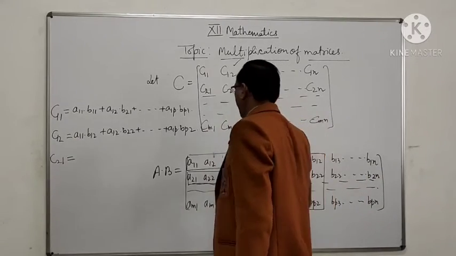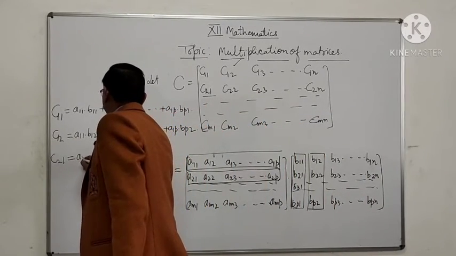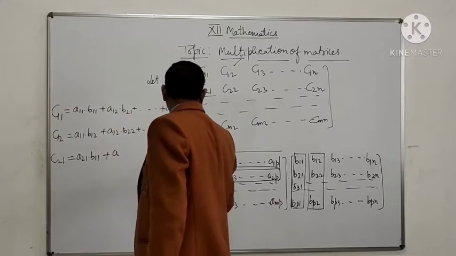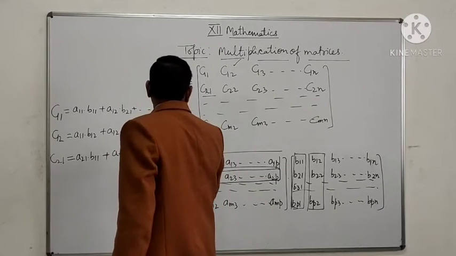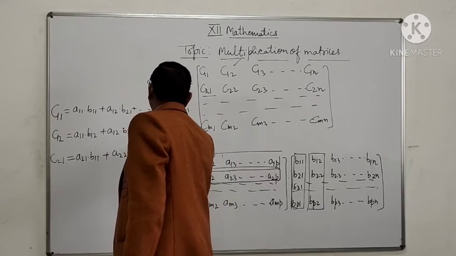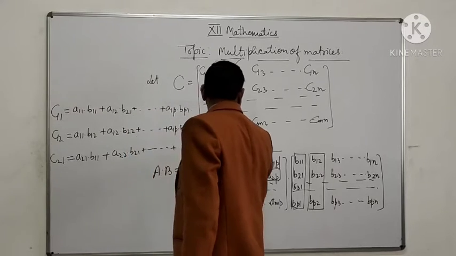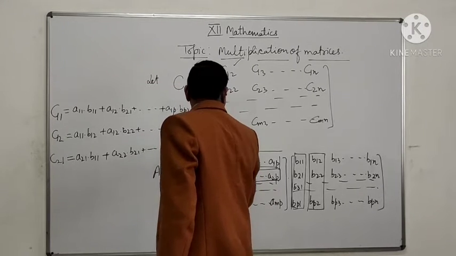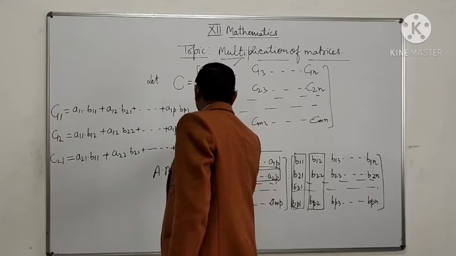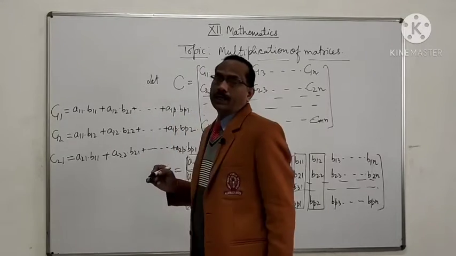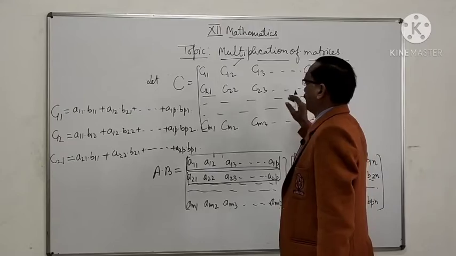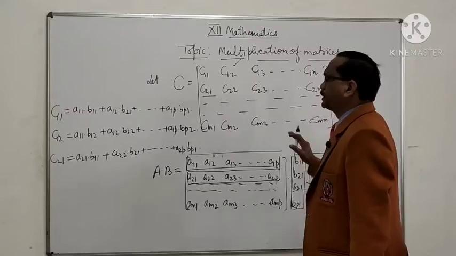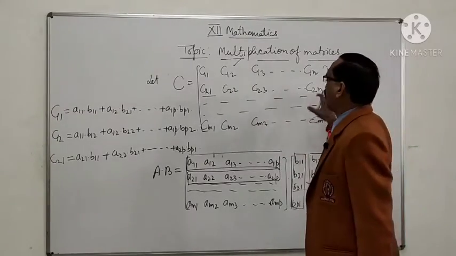So we will multiply A21 into B11 plus A22 multiplied with B21 and so on plus A2p into Bp1. This way we will get all the elements. Similarly, if we multiply other rows and columns, then we will get all these elements.